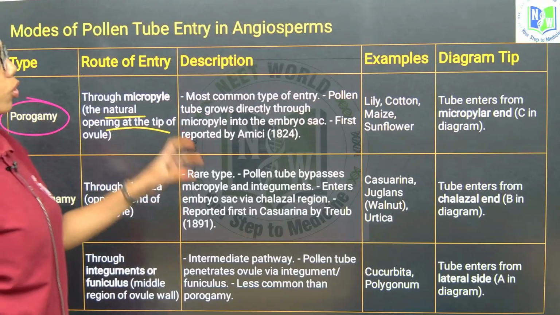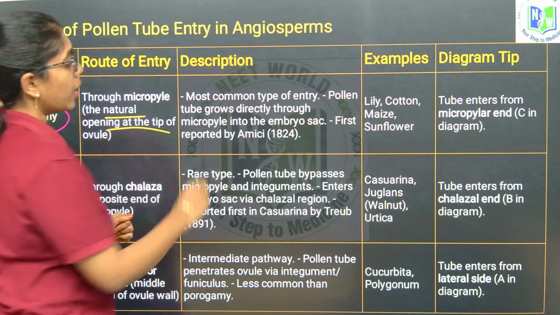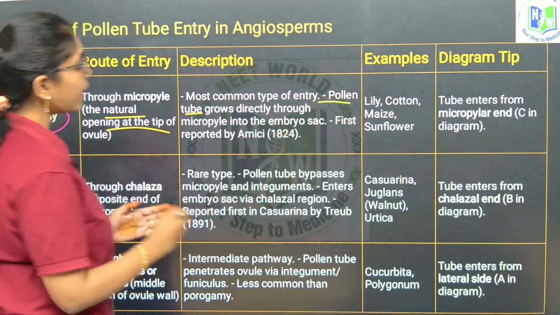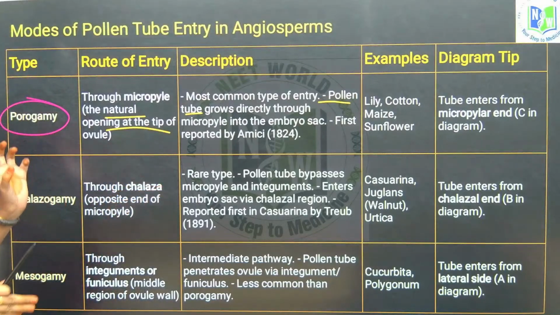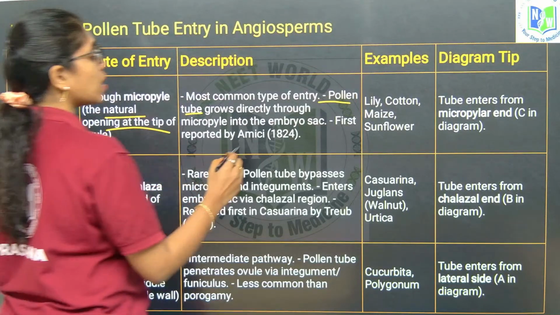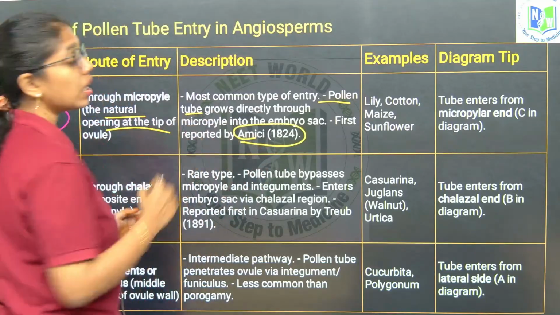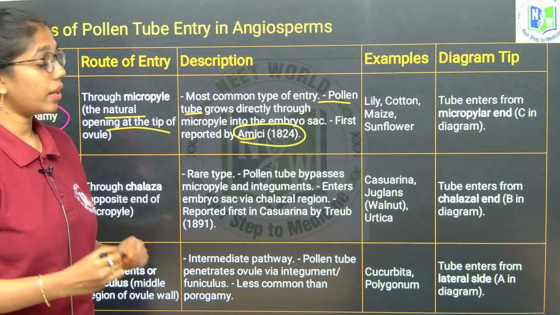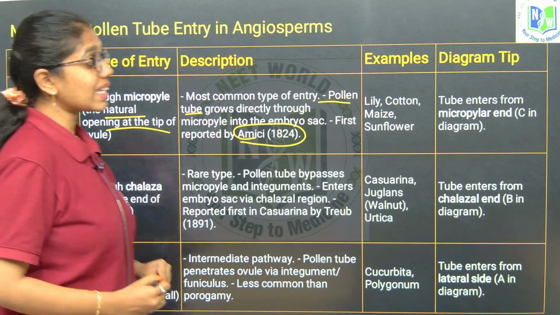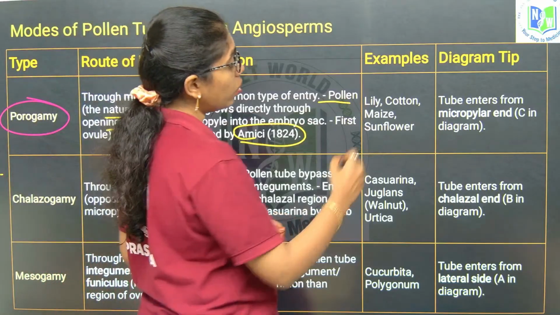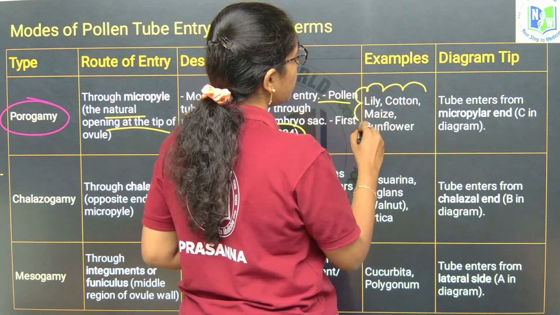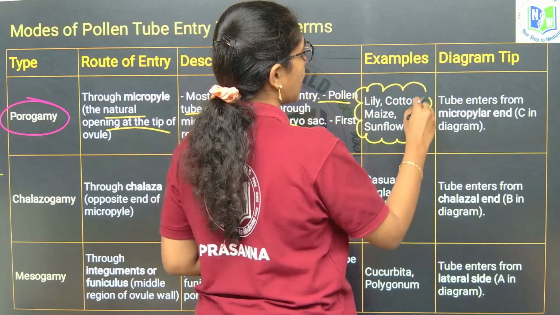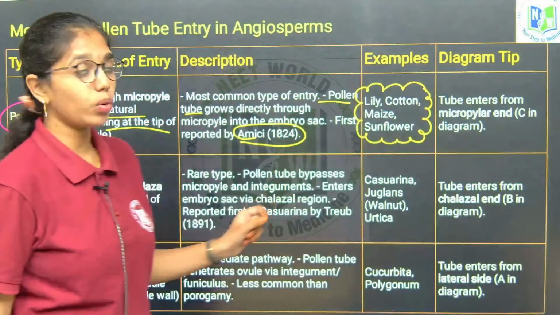Description: most common type of entry, the pollen tube grows directly into the micropyle and into the embryo sac. This was first reported by Amici in the year 1824. Best examples for porogamy include lily, cotton, maize and sunflower. These are the best examples to be noted.